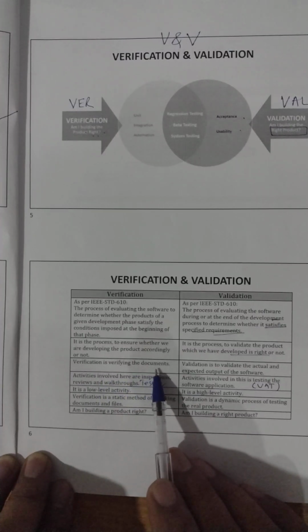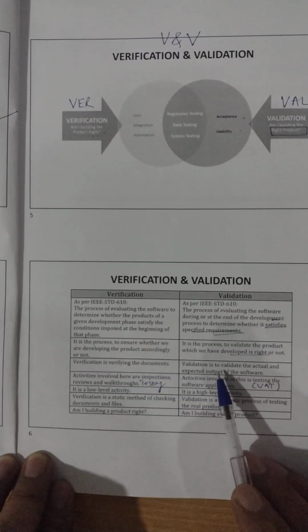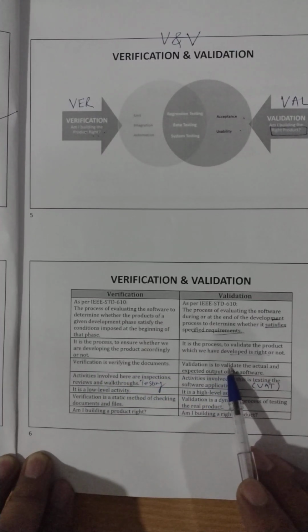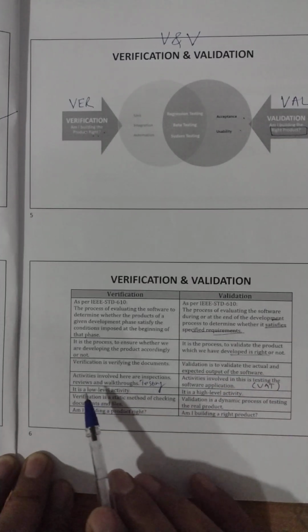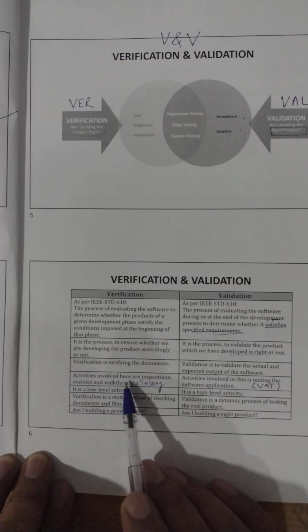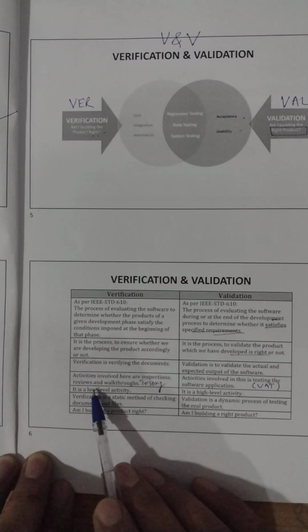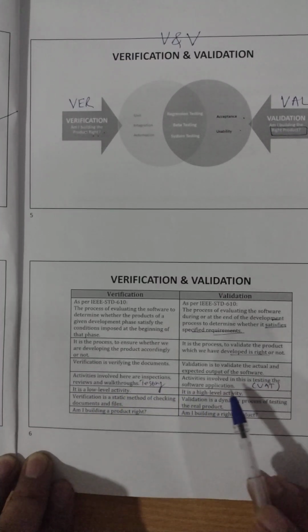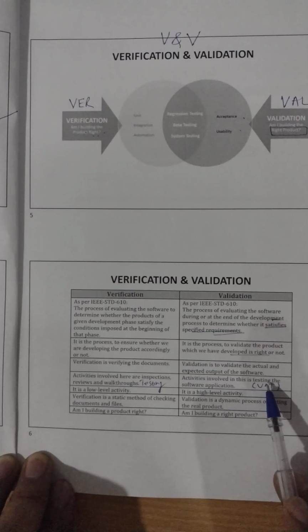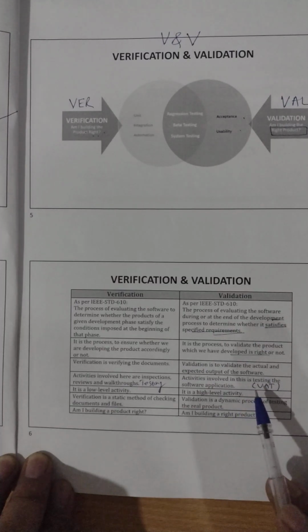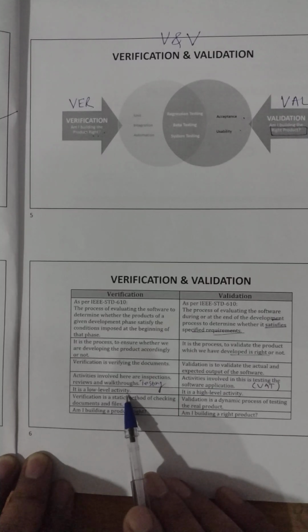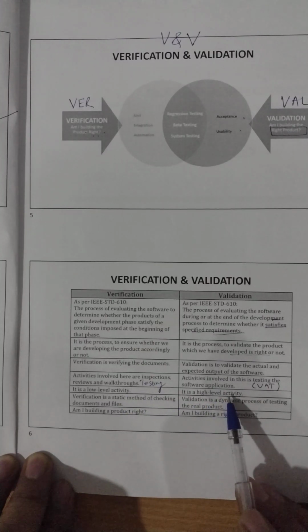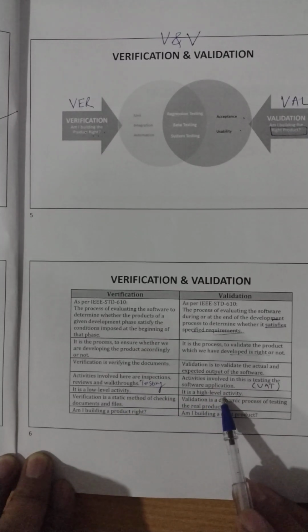Verification is verifying the documents, code and all these things. Validation is to validate the actual and expected output of the software. Activities involved in verification are inspection, review, walkthrough and so on. Activities involved in validation are testing of the software application. Verification is a low level activity, validation is a high level activity.